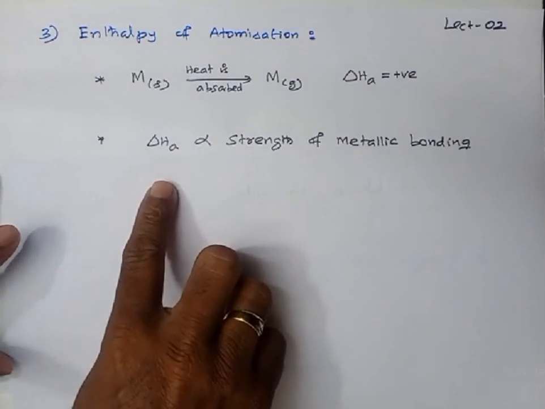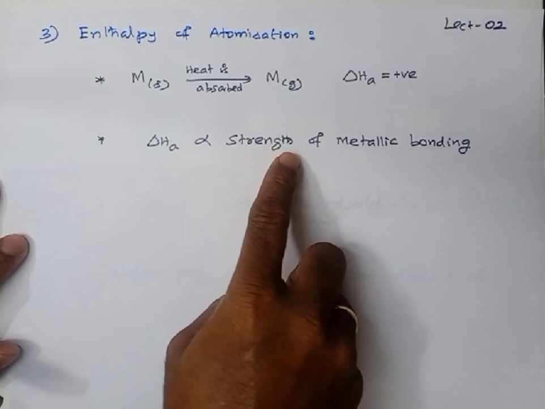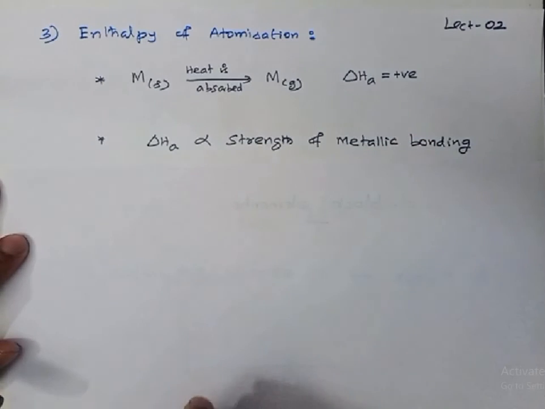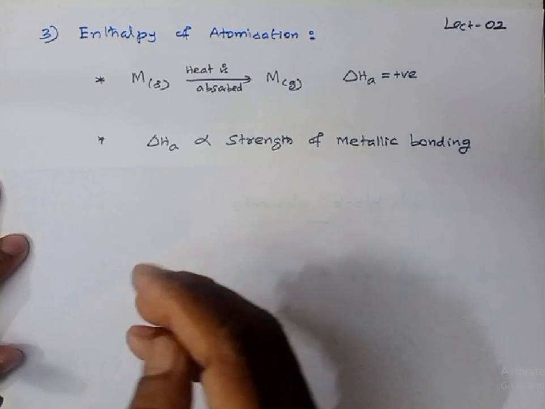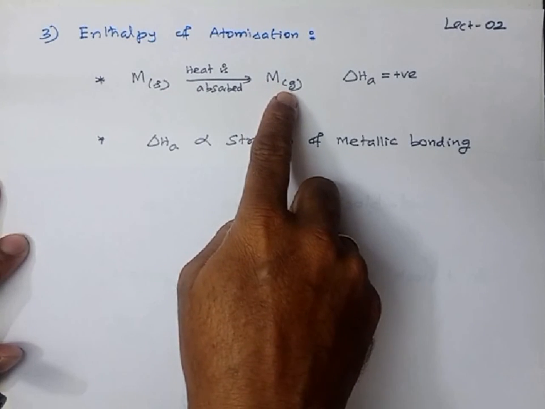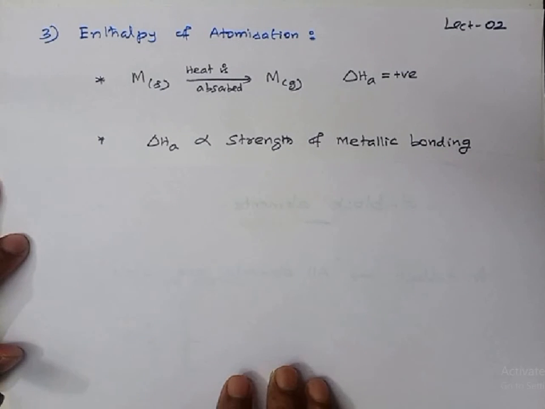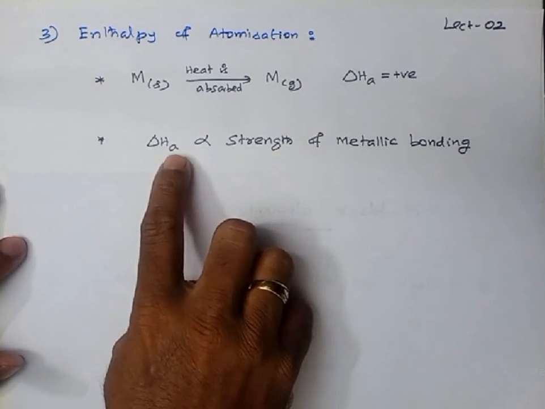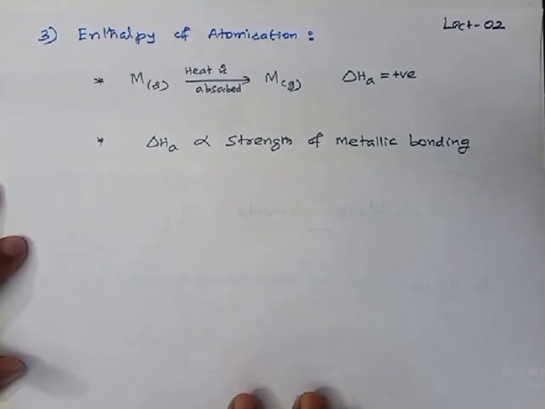So enthalpy of atomization is directly proportional to strength of metallic bonding. If metallic bonding is strong, then converting that metal from solid state to gaseous state requires high energy. So you have to supply more heat. Clear? So keep this point in mind. Enthalpy of atomization is directly proportional to strength of metallic bonding.